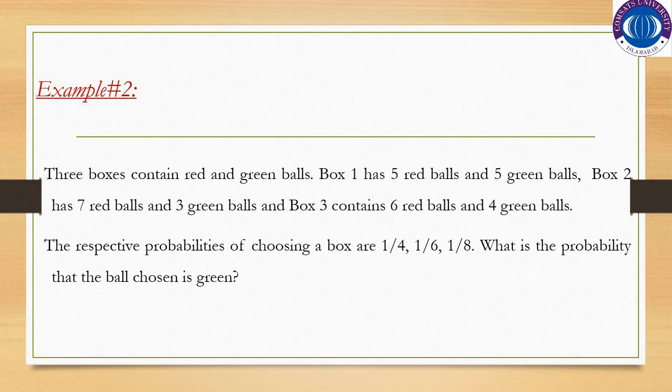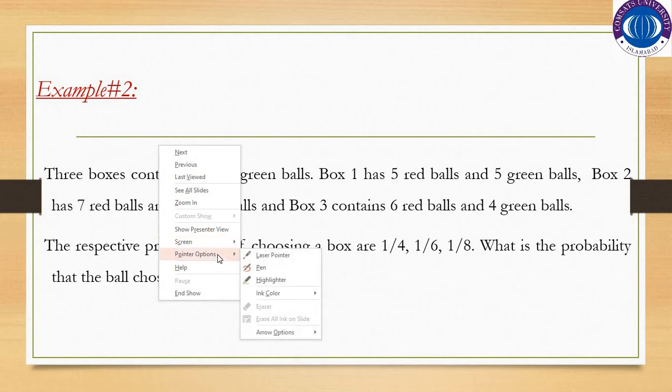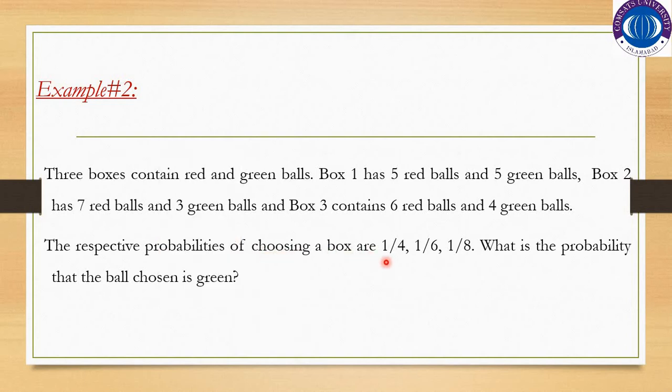The respective probabilities of choosing a box are 1 by 4, 1 by 6 and 1 by 8. Like you can see here, 1 by 4, 1 by 6 and 1 by 8. As you remember, in the previous example, the selection probability of the boxes was not mentioned there.